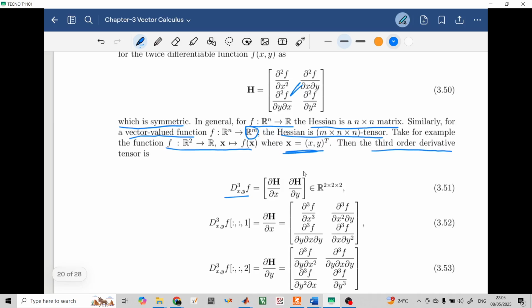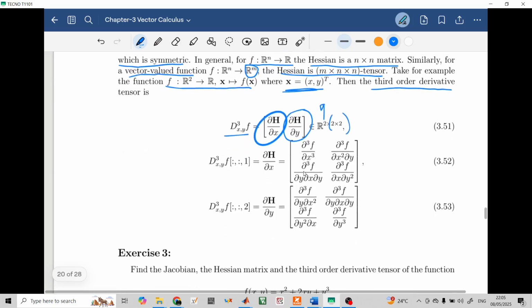You take the derivative of the Hessian with respect to x the first time, so this is a tensor, and this is the second tensor, right? So it's 2 times 2 times 2. Why? So 2 by 2 is the Hessian, so this is the Hessian, and this is because we have two derivatives, x and y.